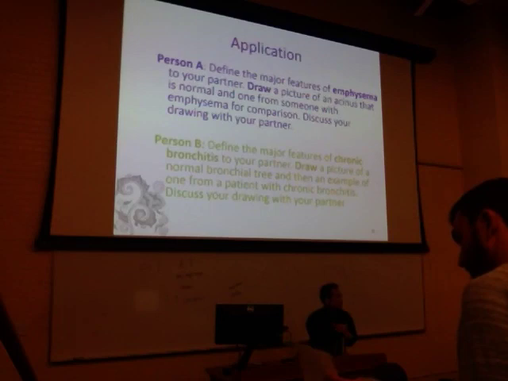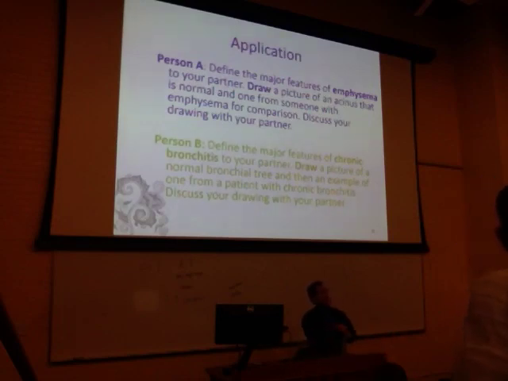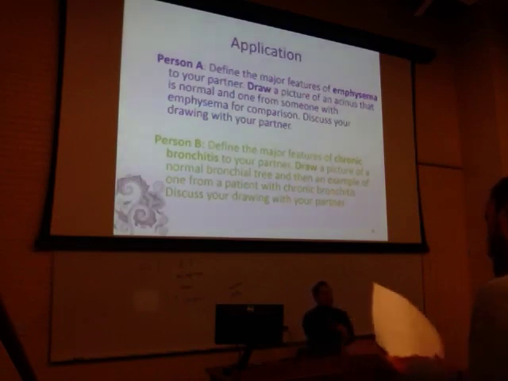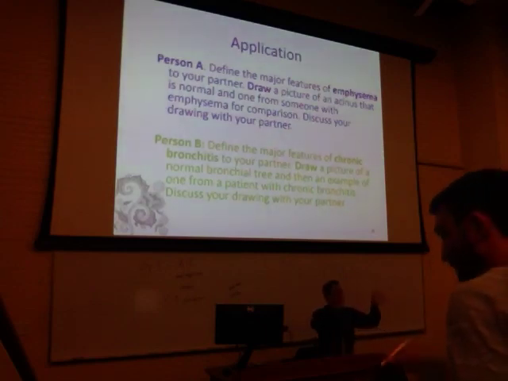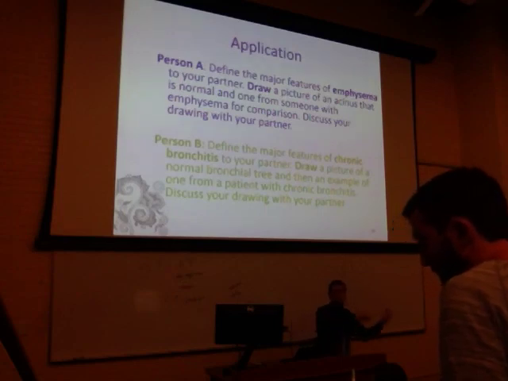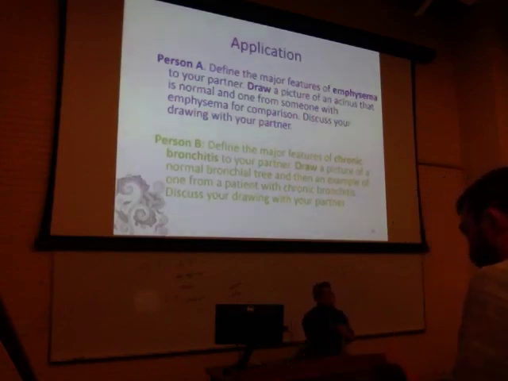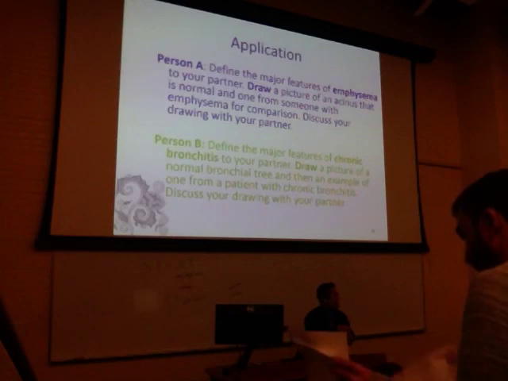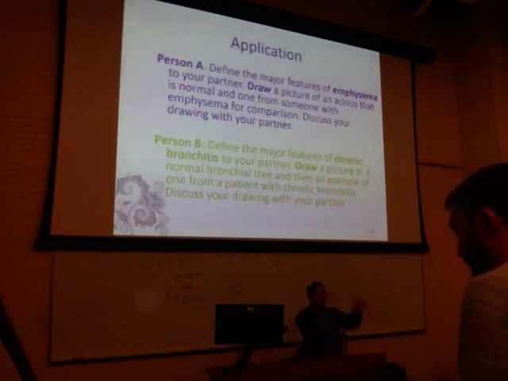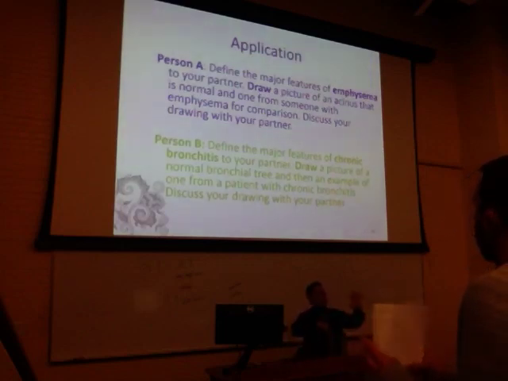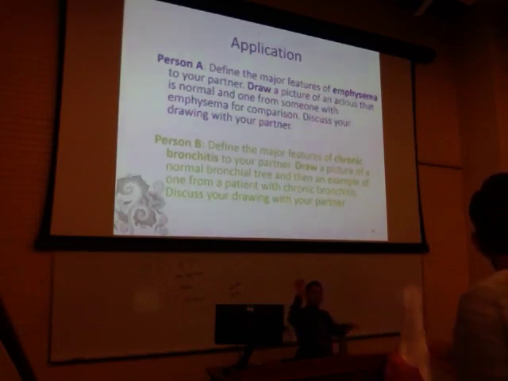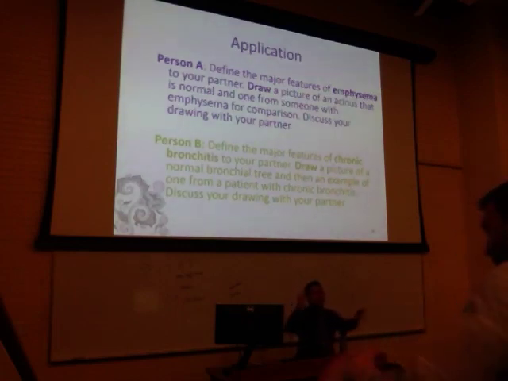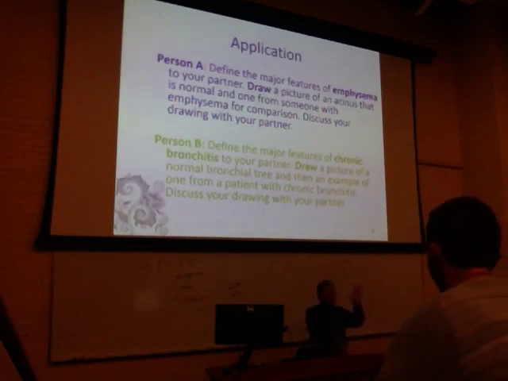This is part of the study. What I'm looking for is kind of for you to recapitulate that figure that shows pure bronchitis and pure emphysema, so that you're comparing and contrasting the two different disease types. Okay? If you can't draw, fine, make a table. Make a table, and on the right side put emphysema, and on the left side put pure bronchitis. Understanding that you might have patients that have elements of both.